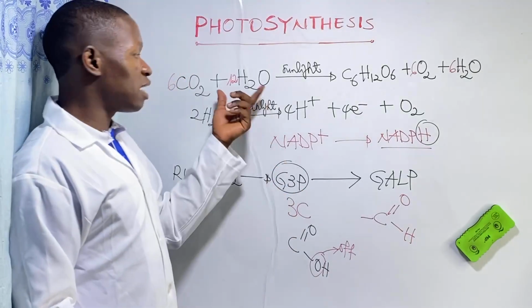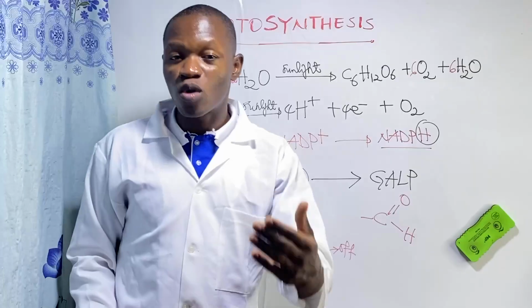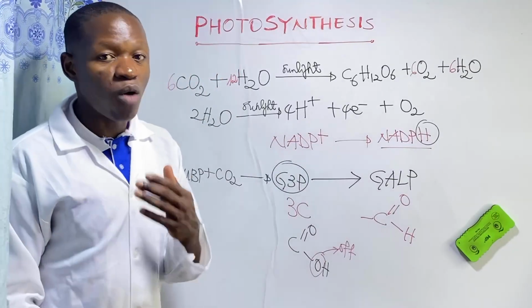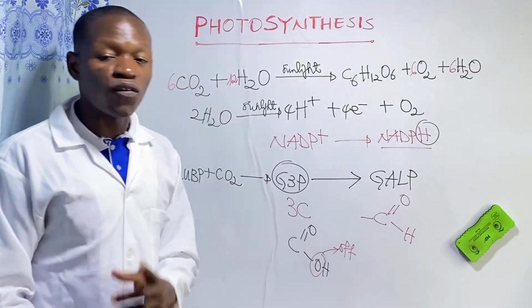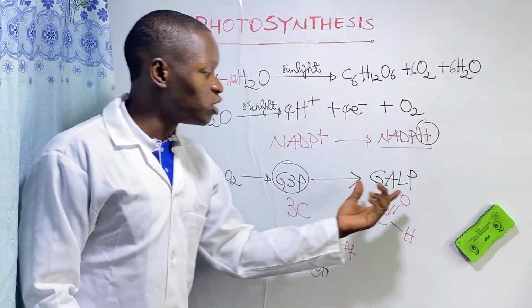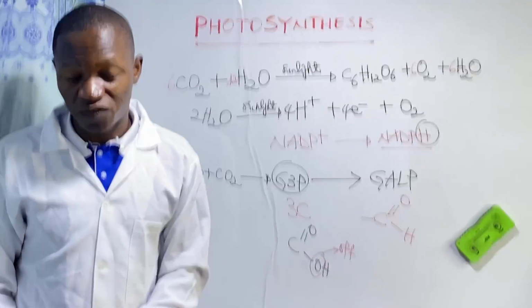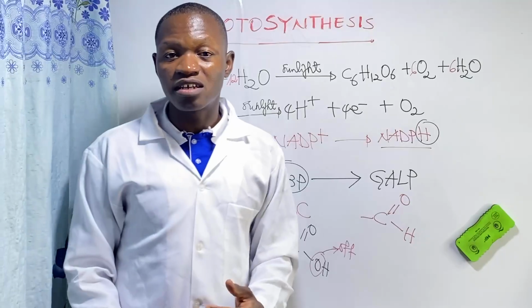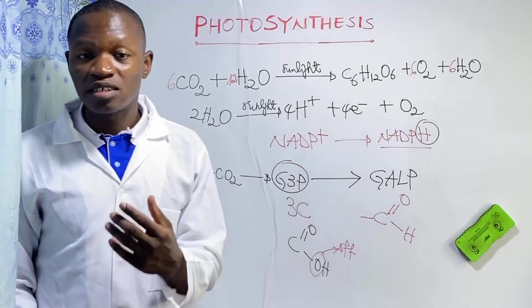So water is a reactant, and at the same time, water is a product. And how is water formed? Water is formed during the reduction of glycerate 3-phosphate to glyceraldehyde 3-phosphate in the Calvin cycle or the C3 cycle.